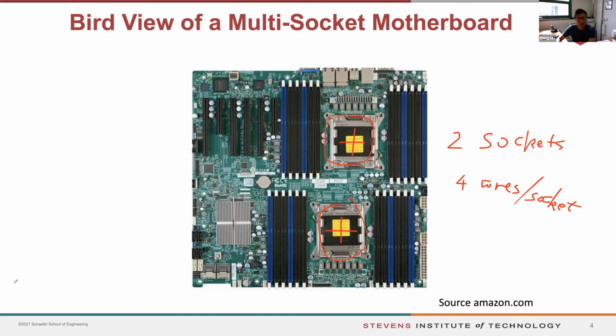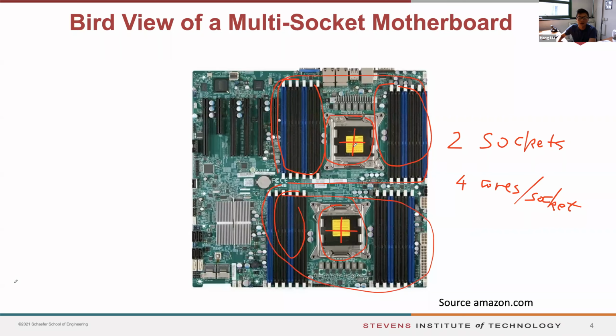And then we also see that close to these CPUs, we see DIMMs, the memory interface to plug in the DRAM. You also see that these two are closer to the bottom socket. So this is the motherboard that we're going to focus on for memory and CPU.